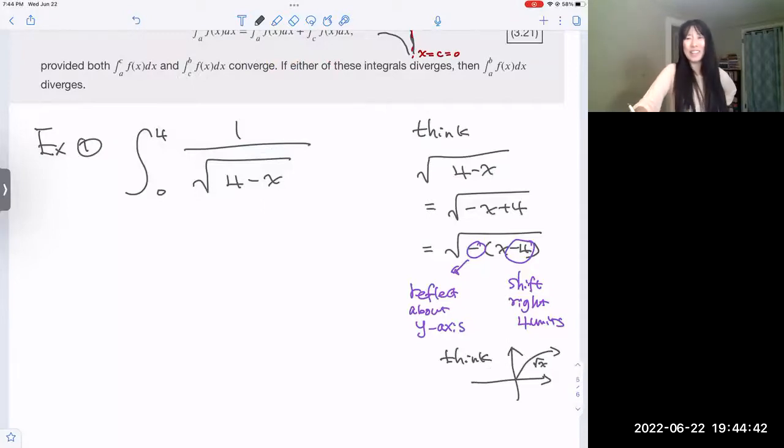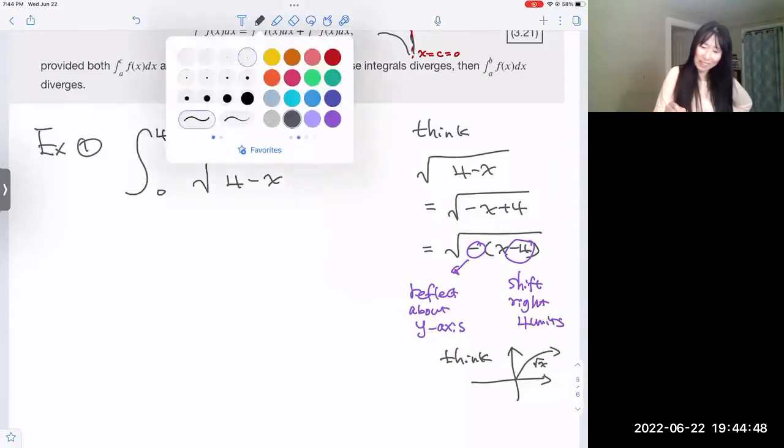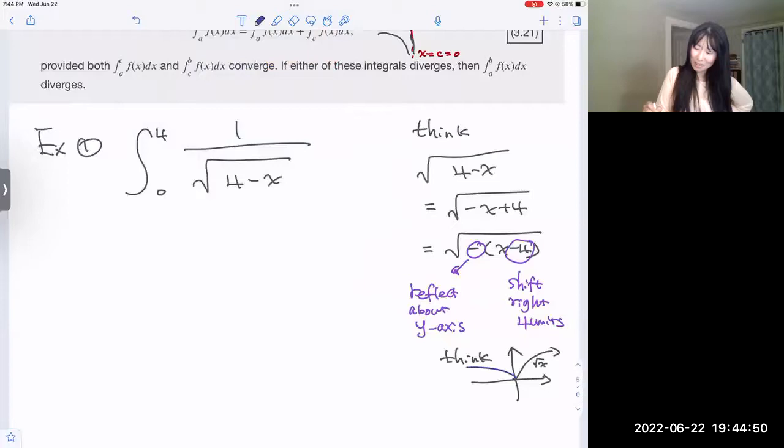Then we say that we reflect about the y-axis. So this will be like this, right? Then shift to the right 4 units. So this will be like that, okay? Okay, so this is 4 minus x.